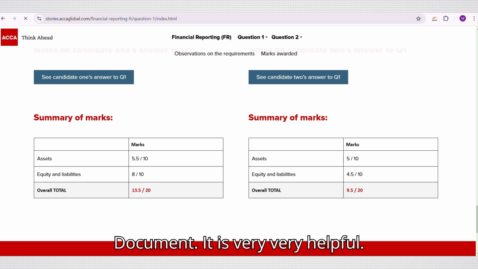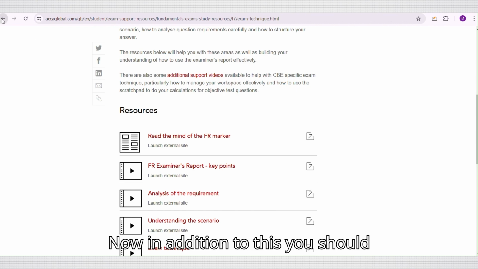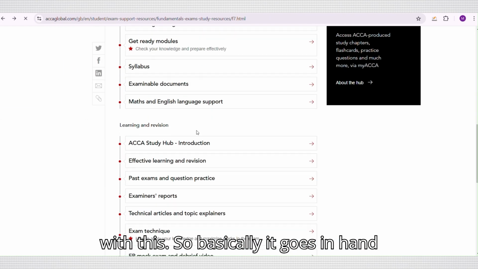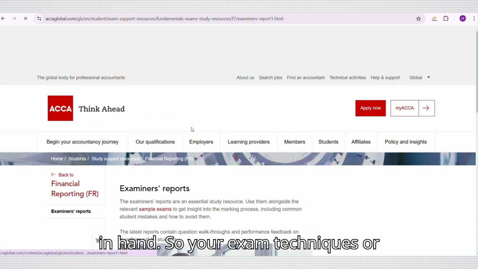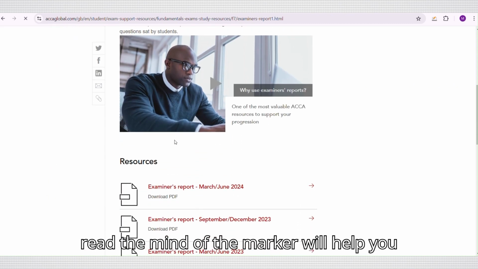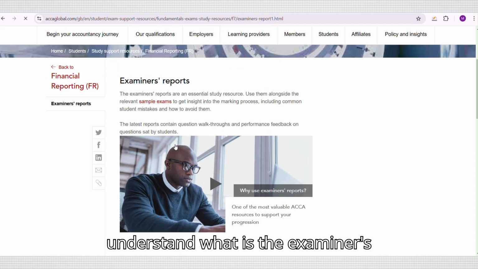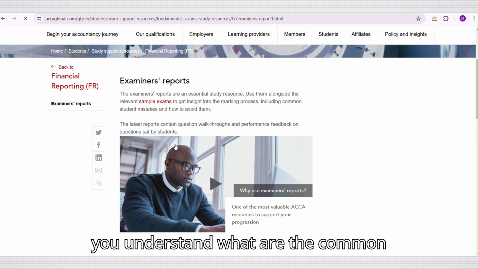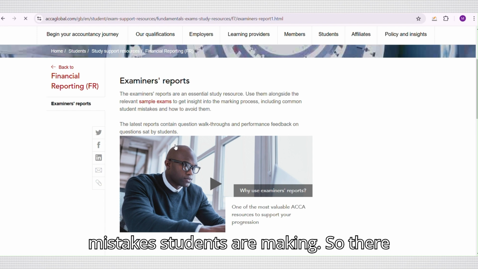It is very helpful. Now, in addition to this, you should be reading your examiner's report along with this. So basically it goes hand in hand. Your exam techniques or read the mind of the marker will help you understand the examiner's point of view. This document will help you understand what are the common mistakes students are making.